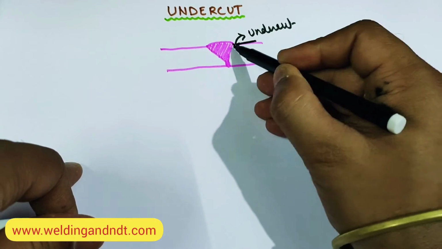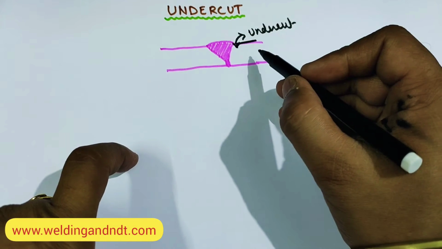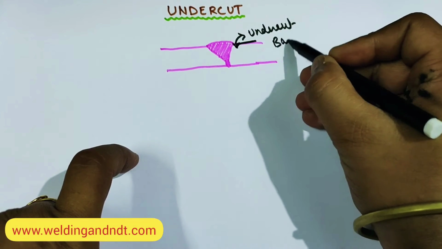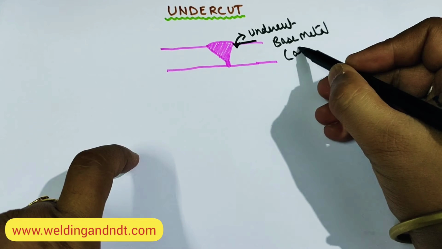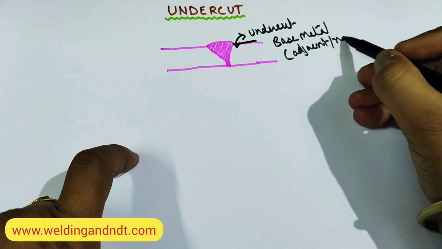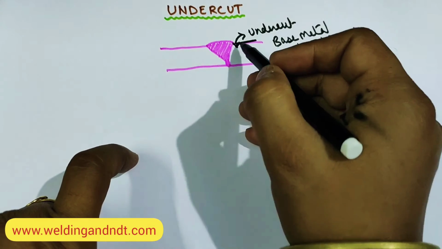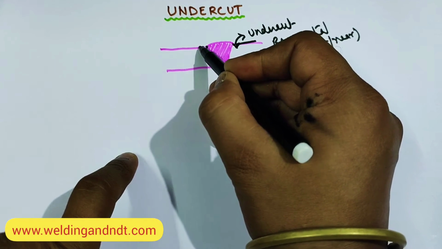The speciality of undercut is that it is always formed on the base metal, adjacent or near to the weld metal. It can be formed on one side or on both sides also.